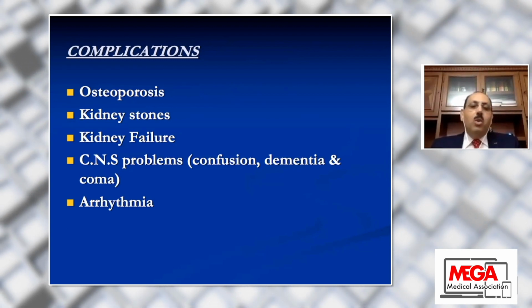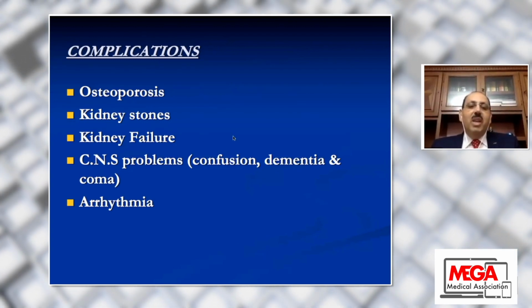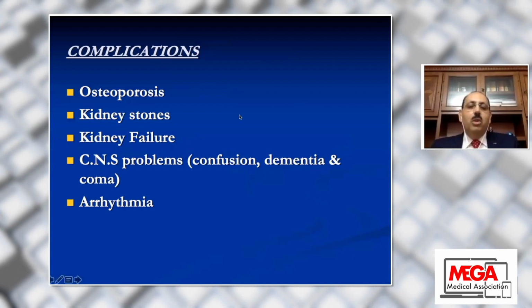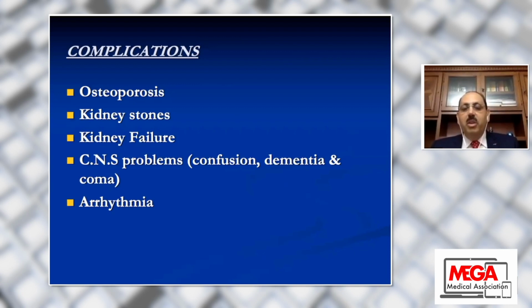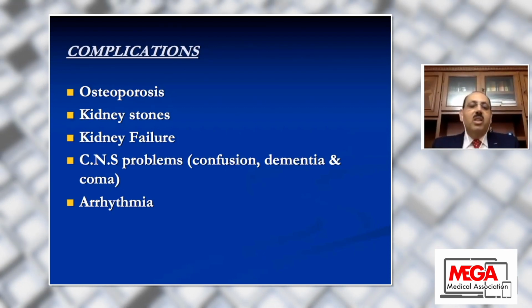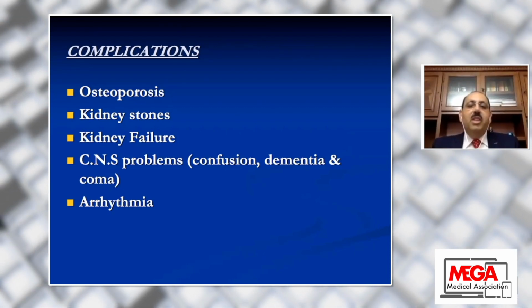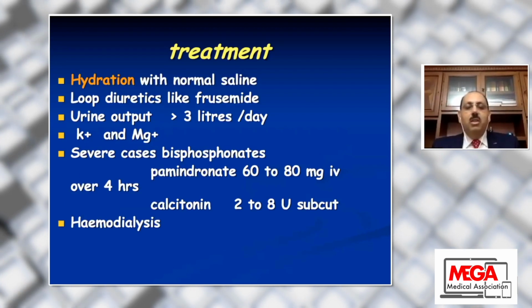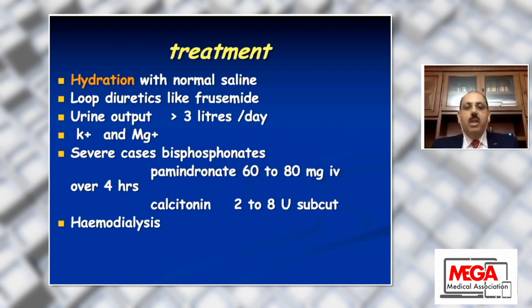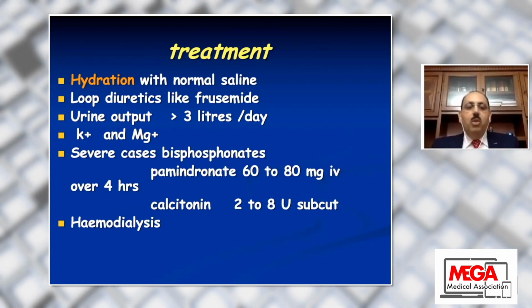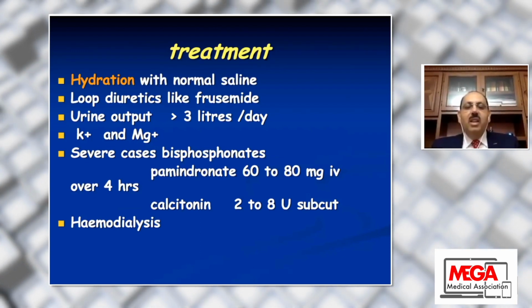Also, the increased deposition of calcium in the kidney results in kidney stones, then kidney failure, CNS problems such as confusion, dementia, and coma. Also, arrhythmia may occur. The treatment: first hydration, good hydration with normal saline. Then give loop diuretics like furosemide to maintain urine output more than 3 liters per day.